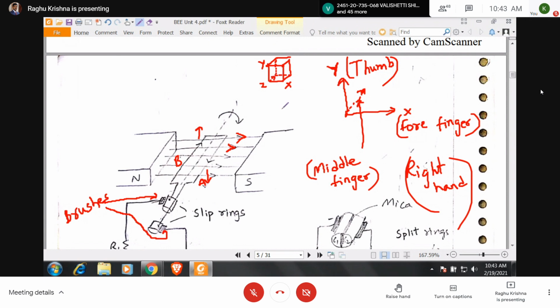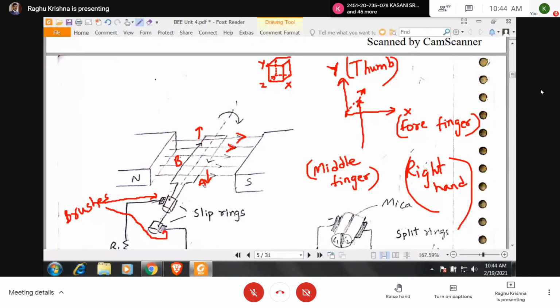So if you take the right hand and stretch the thumb, forefinger and middle finger perpendicular to each other, if the forefinger indicates the direction of the magnetic field, the thumb indicates the direction of rotation, then the middle finger indicates the direction of induced EMF and hence the current. So here you can see this is the direction of the magnetic flux, which is along the x-axis, let us assume.